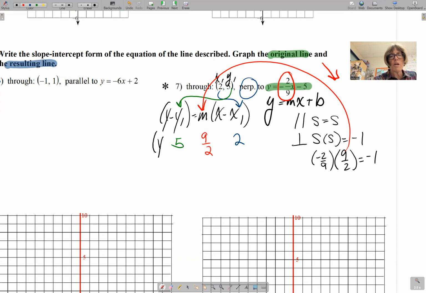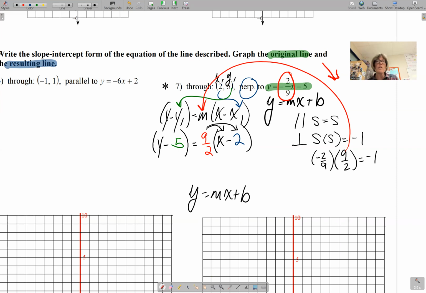And you bring down the equation around it. You want to change that equation to y equals mx plus b, and then graph it. Obviously, you start by distributing this and then graph. And then your resulting line will be perpendicular to the original line and go through that point.